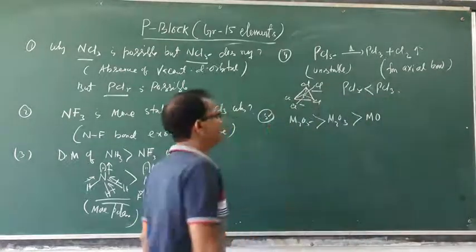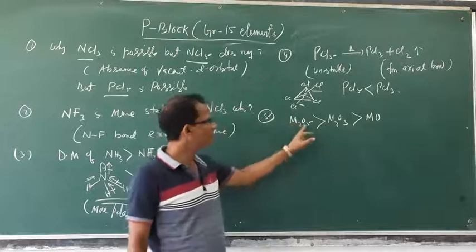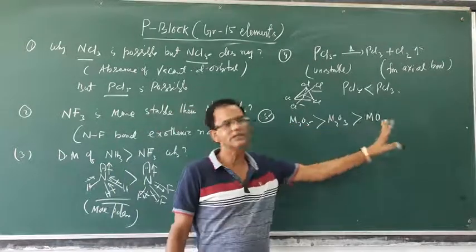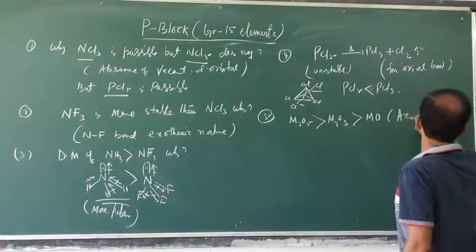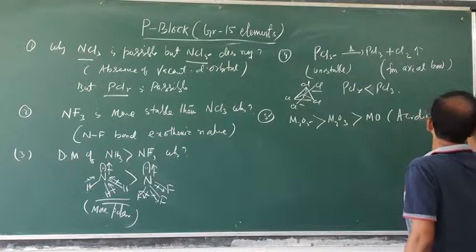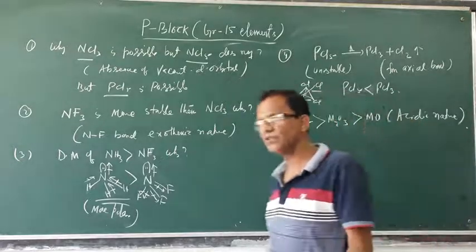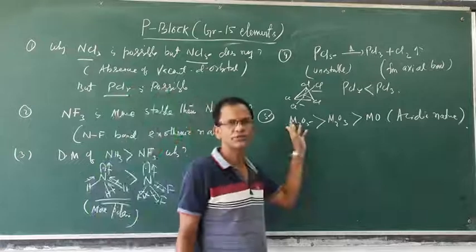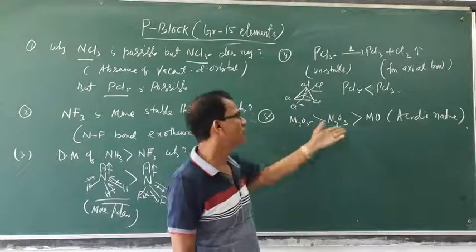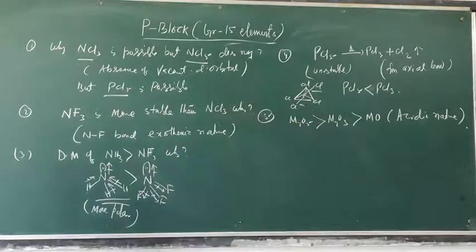Like this. That means if the oxygen content is more, the acidic character is more. Regarding acidic nature, greater oxygen content, greater acidity, because the oxidation state of the central atom will be more, so acidic character will be more. Okay, thank you.